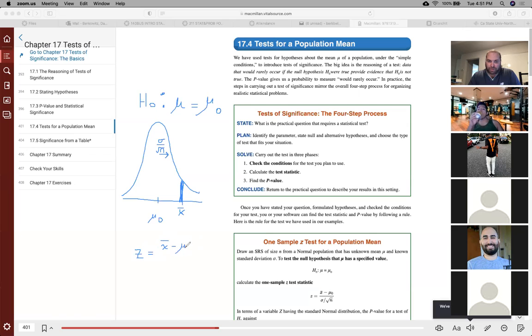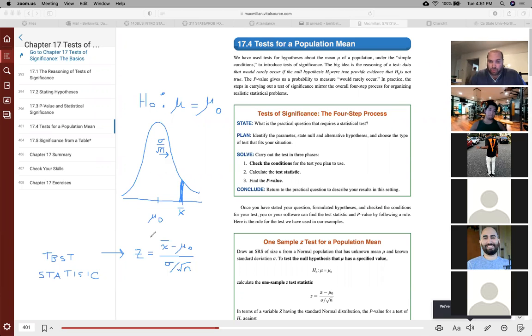We subtract off the population mean, which under the null hypothesis is assumed to be whatever value this is. And then we divide by the standard deviation, which is sigma over the square root of n. This is our test statistic. And we will have a different test statistic for every different scenario. This is just the single population scenario.